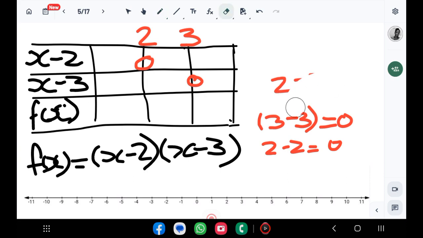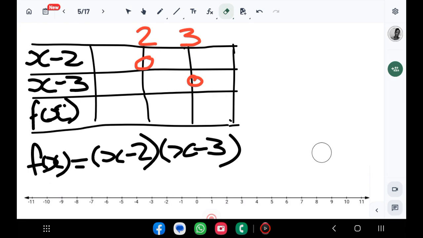And we'll see how that works out and how we use that to figure out what the signs are throughout the table. All right, and now, what then happens with your f of x? Remember, f of x is simply the product of the two factors, x minus 2 times x minus 3. Now, when x minus 2 is 0, it does not matter what the other one is. Your f of x will be 0.